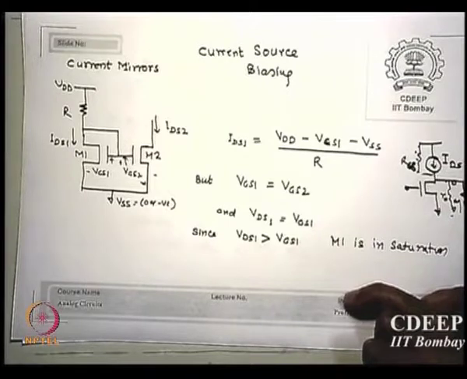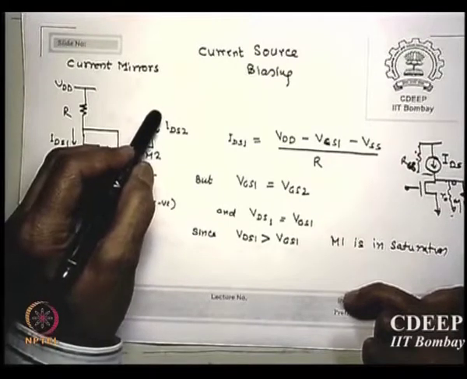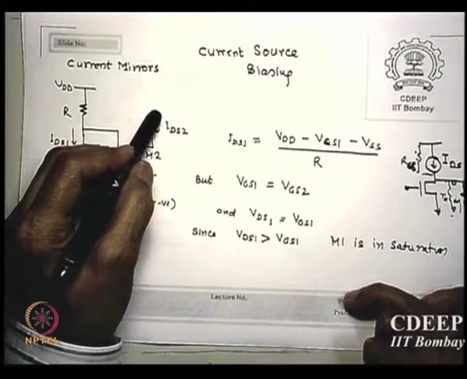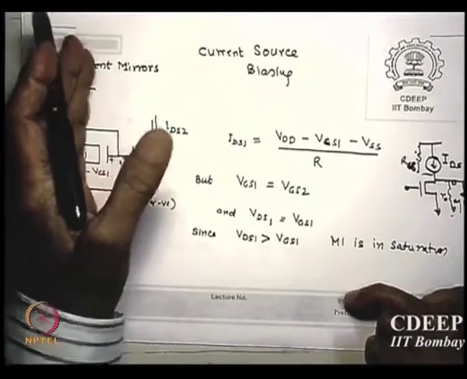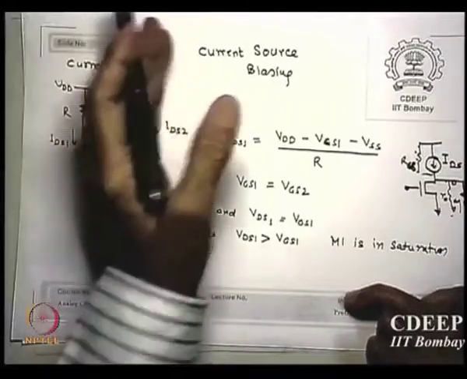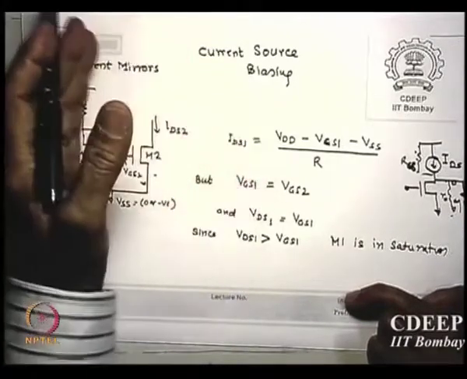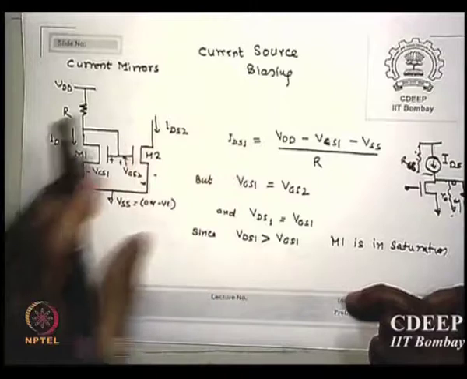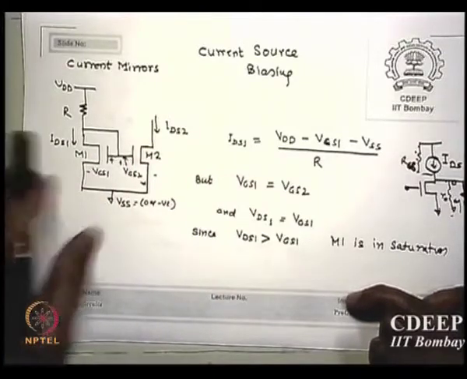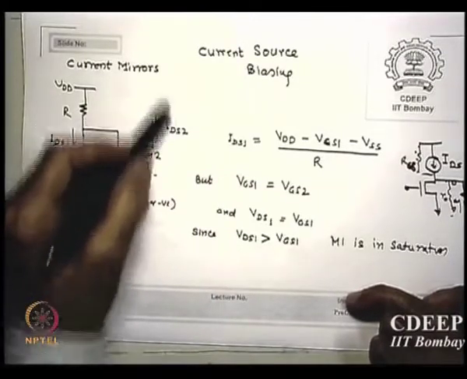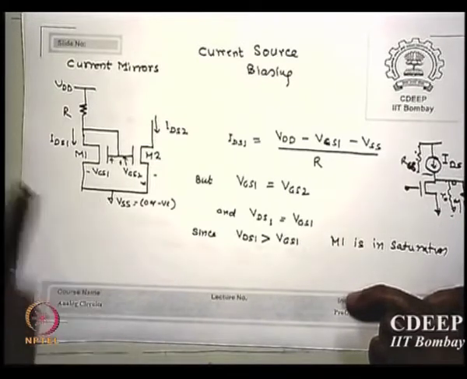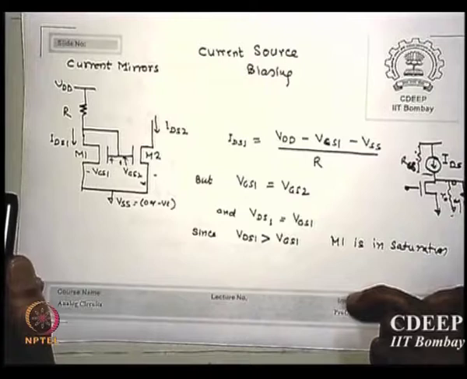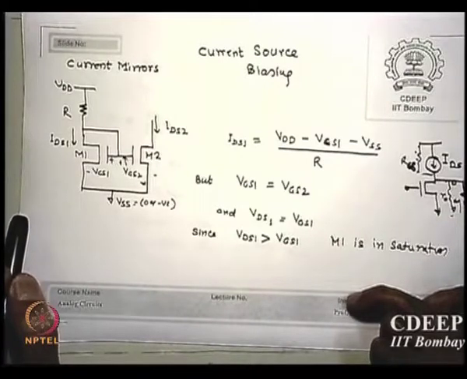But I want to see that this current is controllable because the bias point must be controllable. So I have another current source which I put somewhere here which reflects into this. I can change this and then correspondingly this can be changed. But once I fix this, this current is also fixed. This is called current mirror. Is that point clear? This is called current mirror.